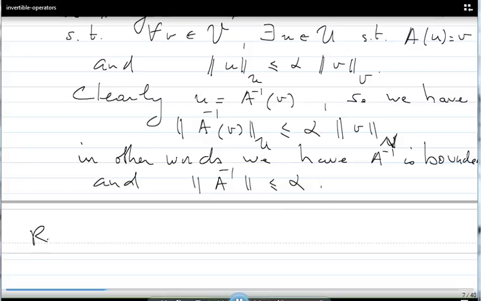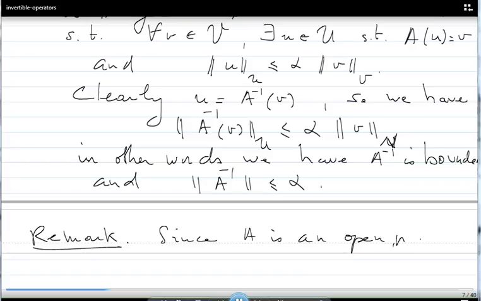Remark, we can also use the topological characterization of continuity, because since A is an open map, then A inverse is continuous.